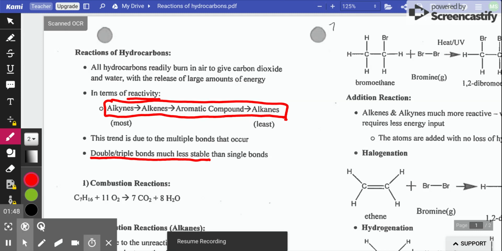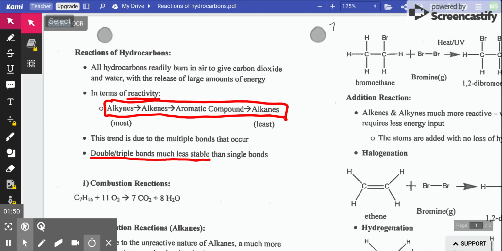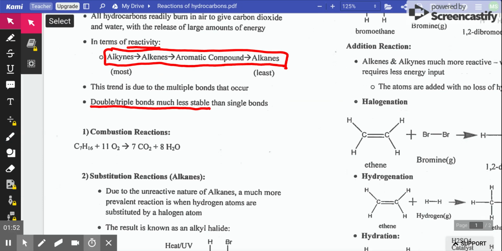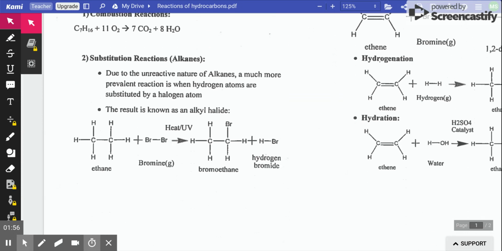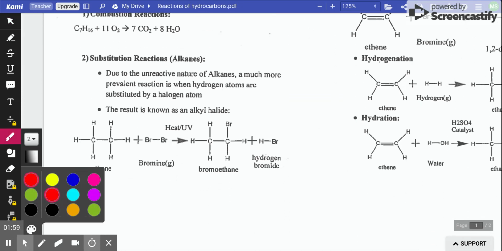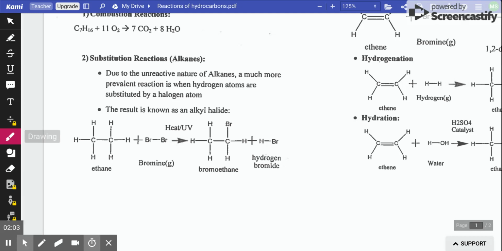Okay, so when we are thinking about combustion, the very first thing right here, I have an example of a combustion reaction. The next type of reaction I want to talk about is called substitution reactions. So a substitution reaction, we'll do blue. A substitution reaction involves alkanes.